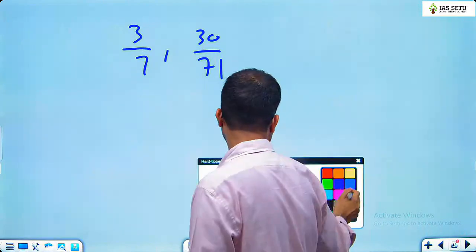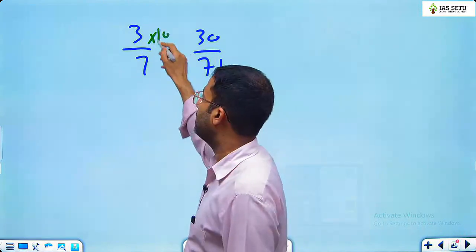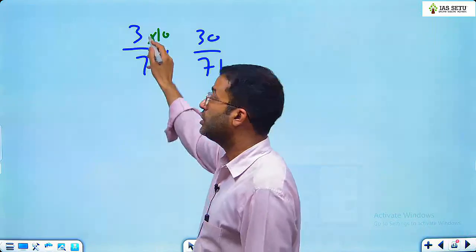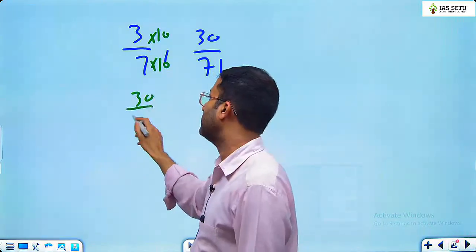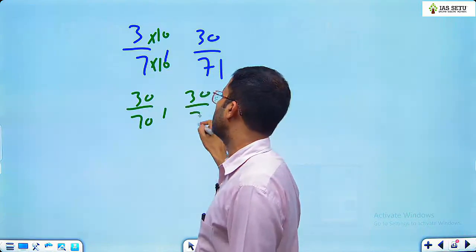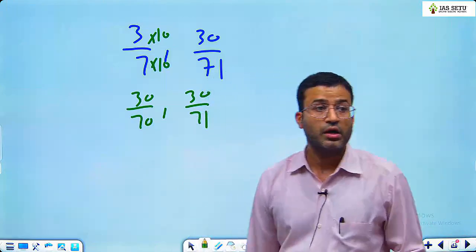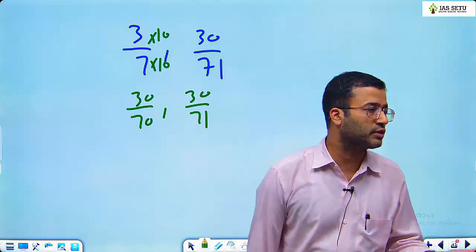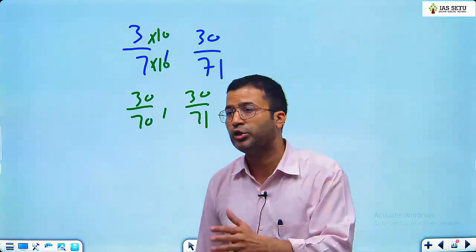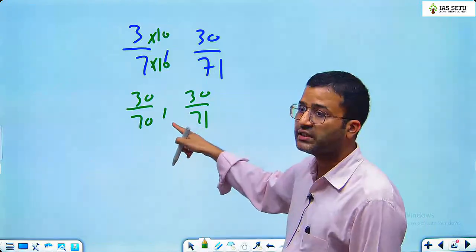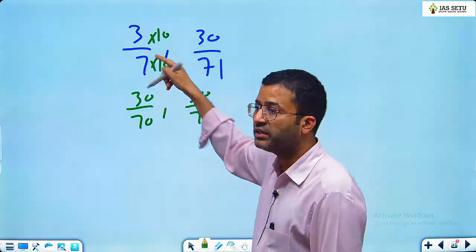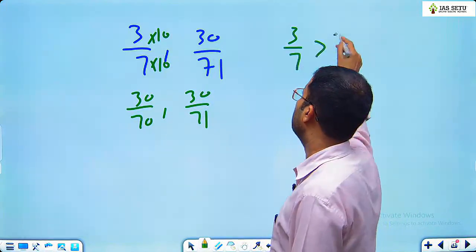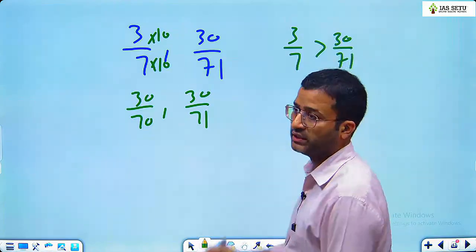So what we do, we multiply it with 10 and denominator also with 10. So 3 by 7 is same as 30 by 70. This is 30 by 71. Now we can apply, since numerator is constant, as denominator increases, value decreases. Which one is larger? 3 by 7 is larger than 30 by 71.